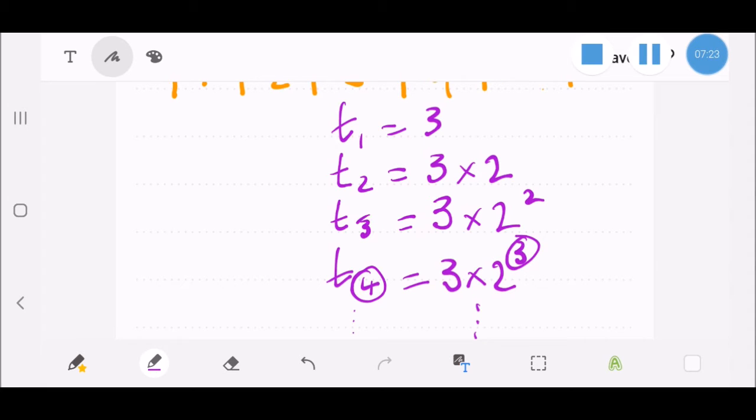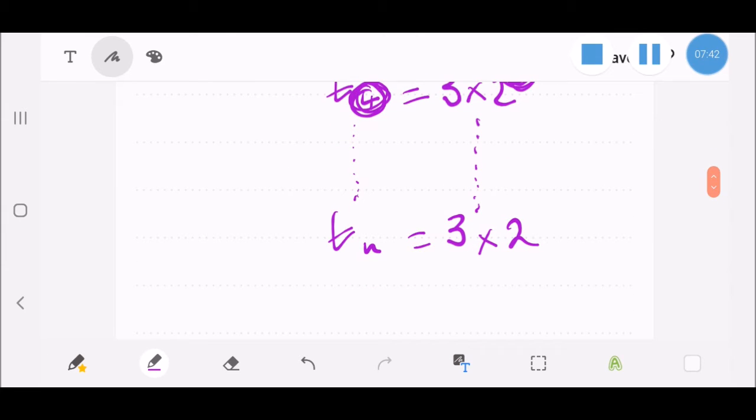When n is 3, the power on the 2 here is 1 less than 3. When n is 2, the power on the 2 here, which is 1, is 1 less than that. Okay? So this power is always 1 less than n. So Tn, for this example, is going to be 3 times 2 to the n minus 1.